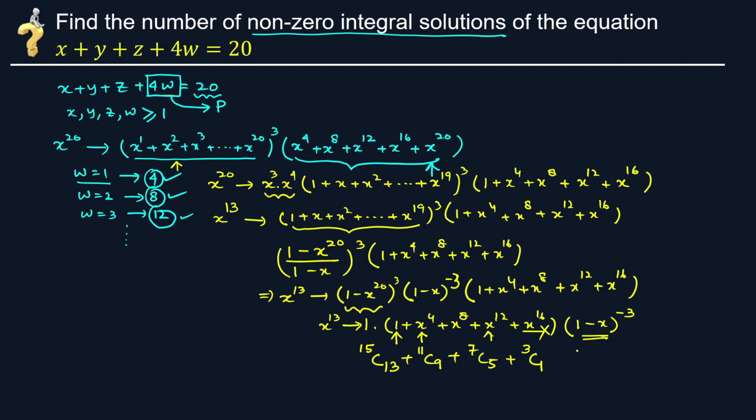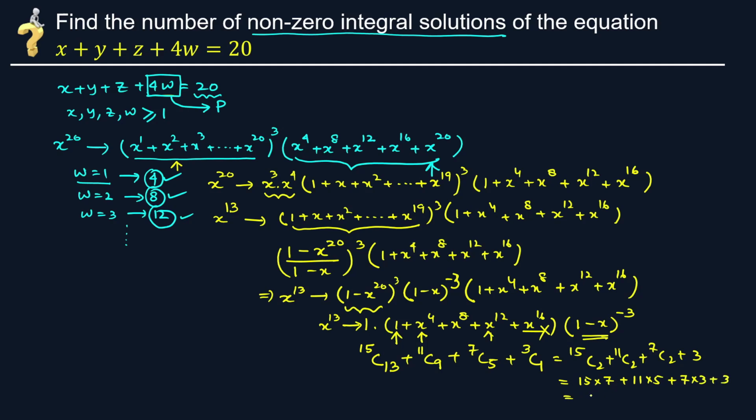So our final answer will be this, which actually gives us 15C2 plus 11C2 plus 7C2 plus 3. So this is coming like 15 into 14 divided by 2, that is 15 into 7, plus 11 into 5, 7 into 3, plus 3.